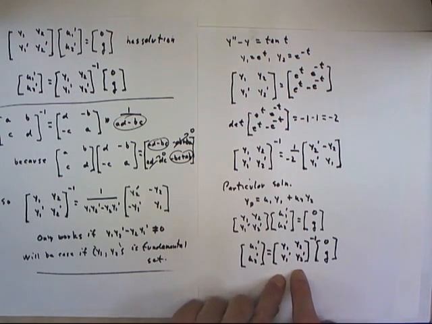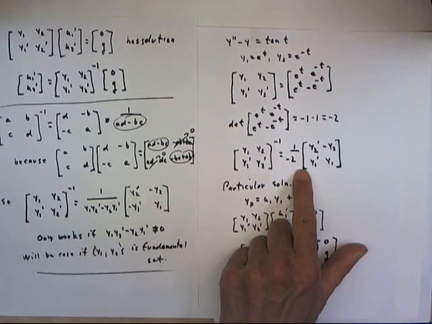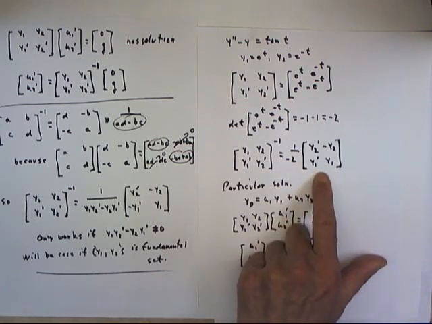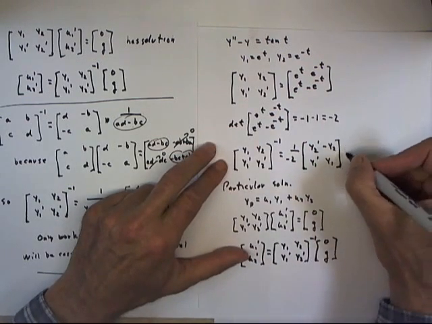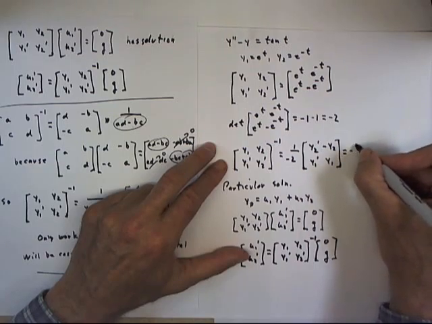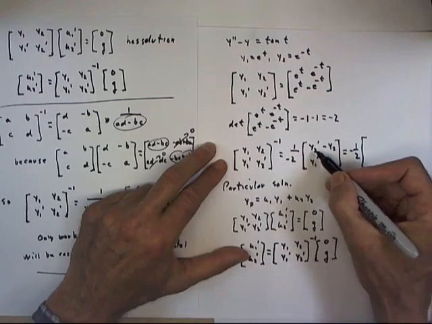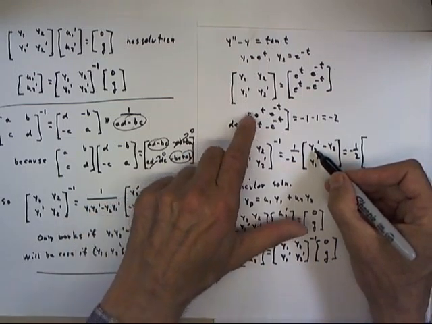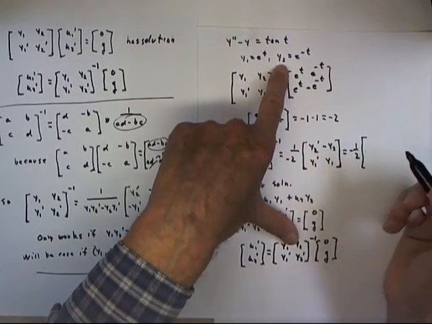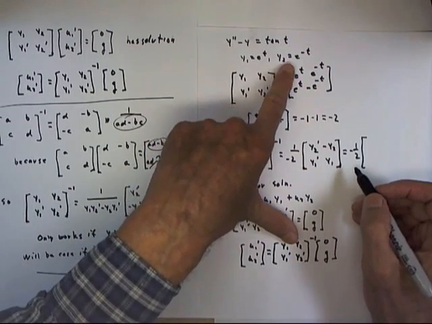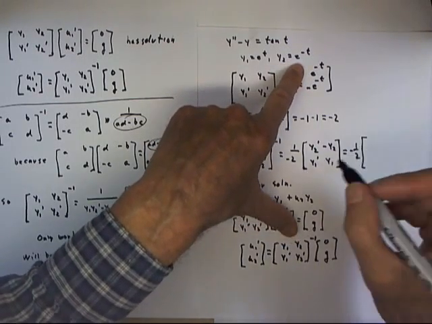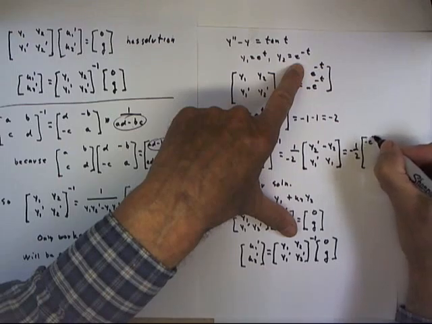And what's the inverse of this matrix? Well, it's here. Now I should have gone ahead and written it out up here. y2 prime, remember that y2 is e to the negative t, so its derivative is negative e to the negative t.